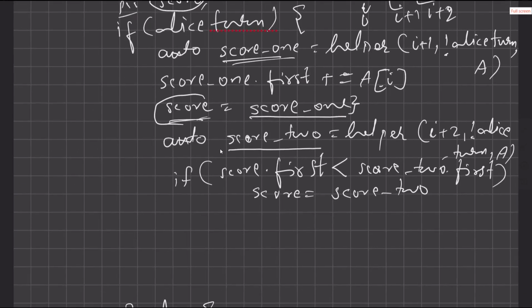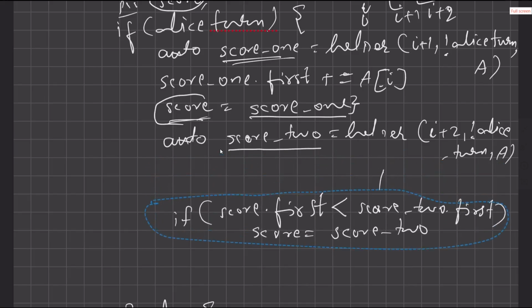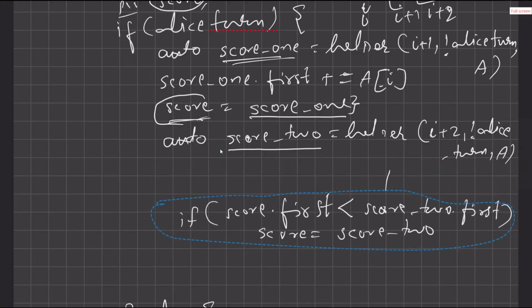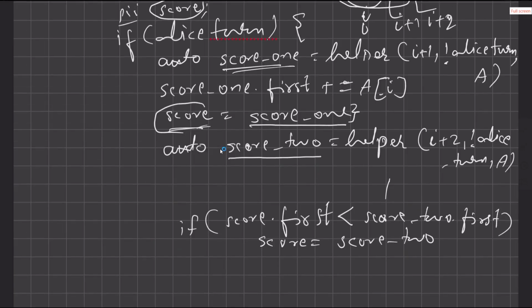Two scores we have chosen. Now the helper is here. Since two scores we have chosen, now we have to add the two values, like we have added A of I in case of 1.